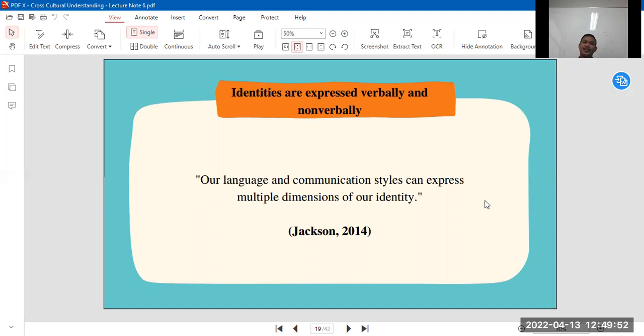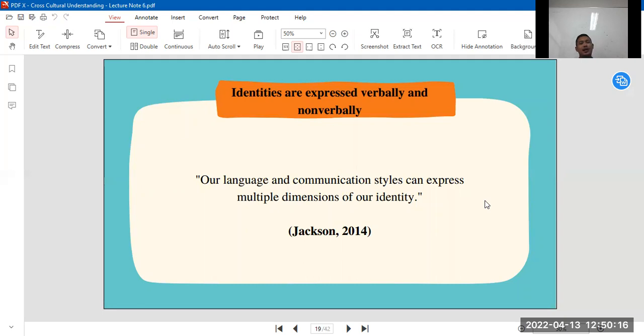In face-to-face interactions, our communication partners are interpreting our actions and processing our appearance while making assessments about who we are and what groups we belong to.